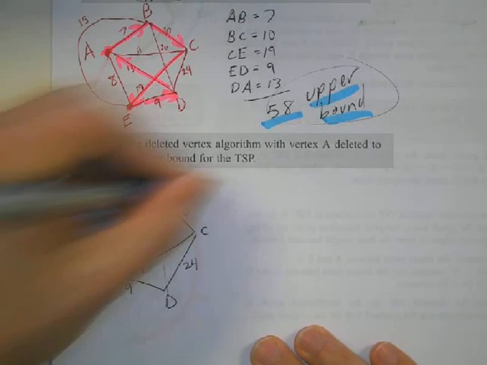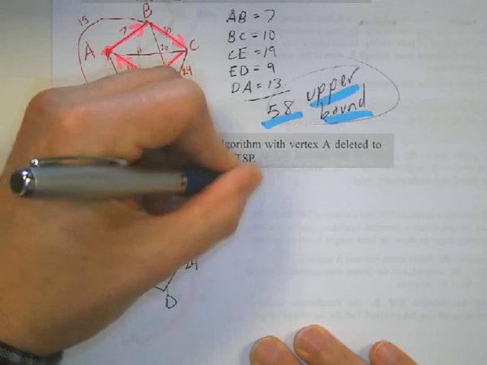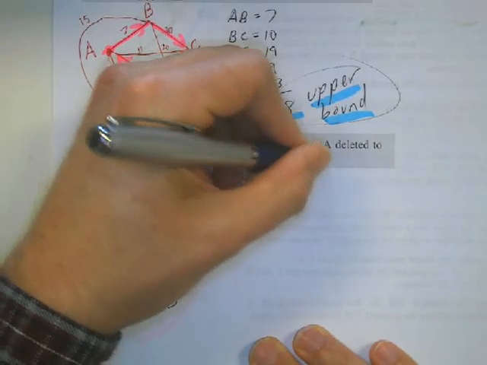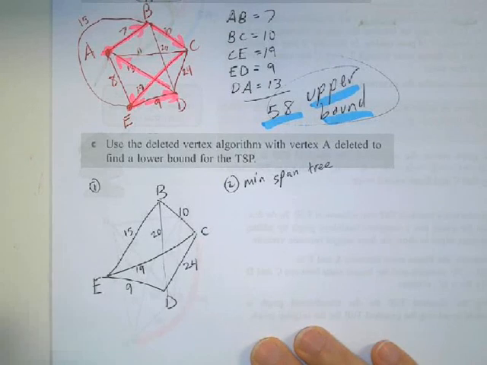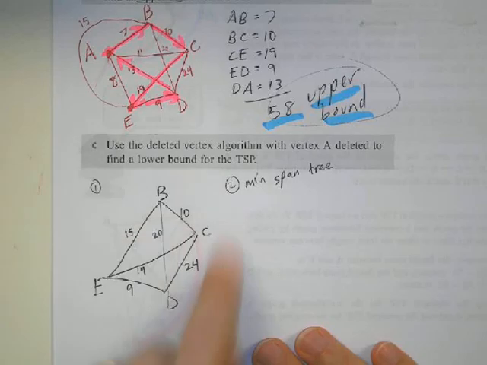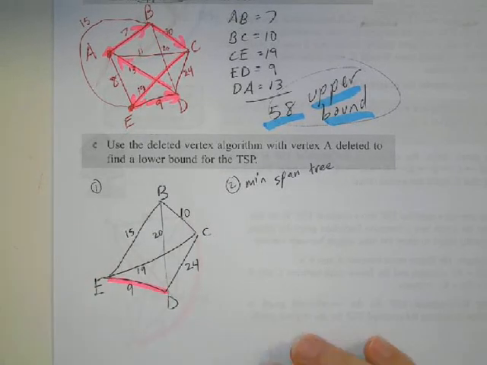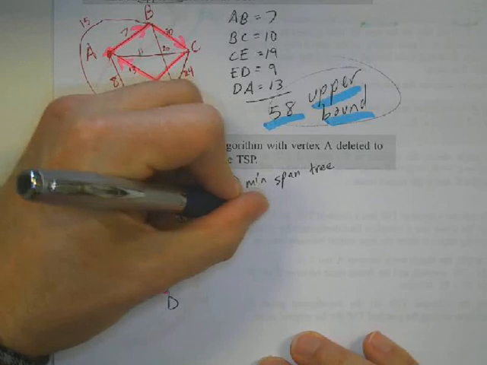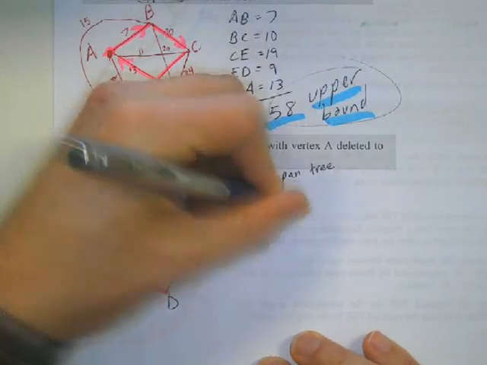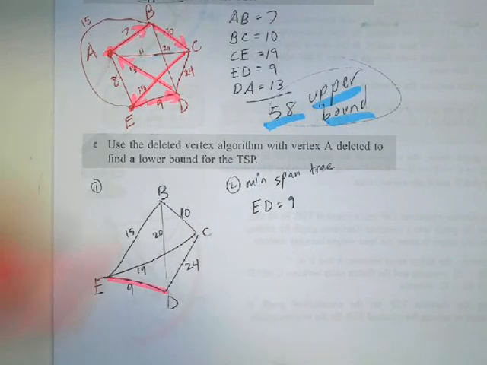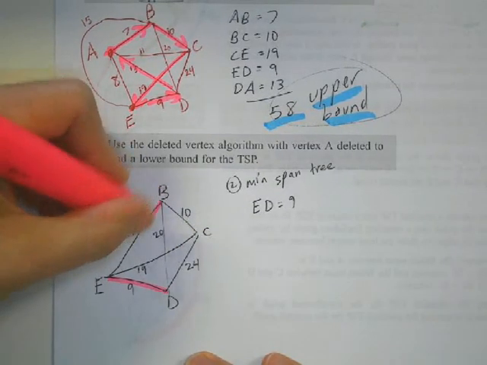Now we're going to do our min spanning tree. Okay, so our minimum spanning tree, we start off with the smallest edge here, which is 9. So we've got E to D, which is 9. Now the next smallest edge is going to be from E to B, which is 15.